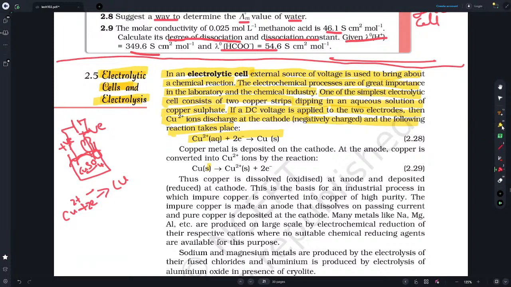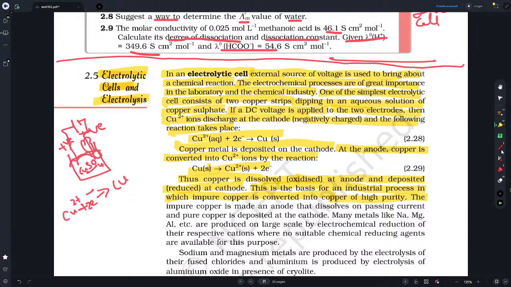Copper metal is deposited on the cathode. At the anode, copper is converted into Cu2+. Thus, copper is dissolved, oxidized at the anode, and deposited at the cathode. This is the basis of an industrial process in which impure copper is converted into copper of high purity.